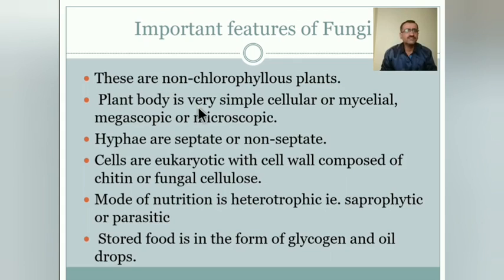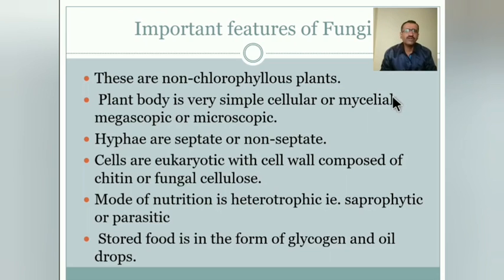The plant body is very simple, cellular or mycelial, megascopic or microscopic. The plant body is simple, made up of cells and mycelia. Mycelia is nothing but a thread-like structure, like the filament-like structure of algae.